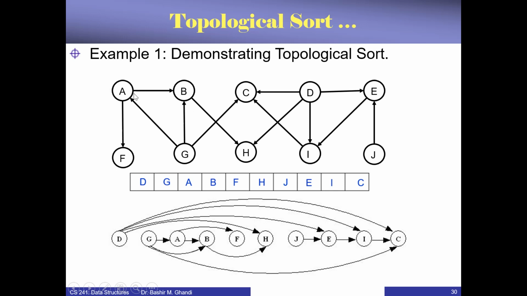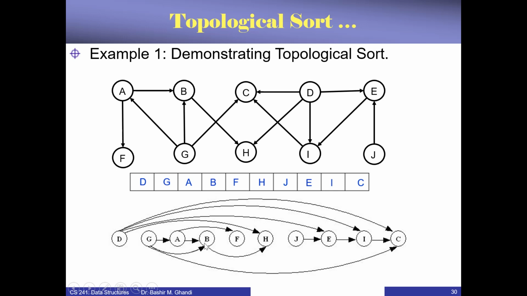And then just look at each vertex and see what edges are emanating from it. For A, for example, there is an edge going to B and another one going to F. Therefore, when you go to vertex A, you need to draw two arrows, one going to B, one going to F. B has only one arrow going to H.